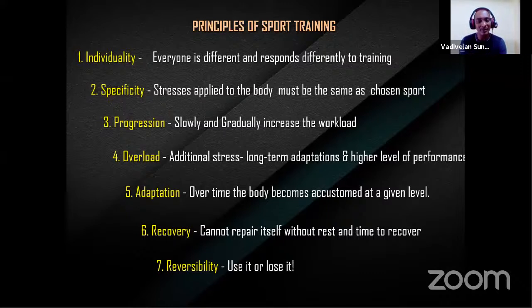Rest is a must, but you should not lose your training for a long time. That will cause reversibility, because the muscle power slowly goes down and reduces. So the seventh principle says the training should be given to the athlete over time, every time, with proper rest. These are the 7 principles.